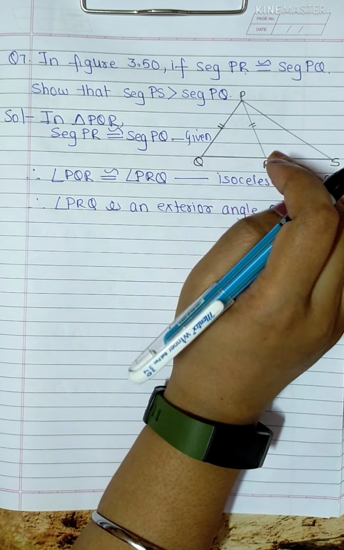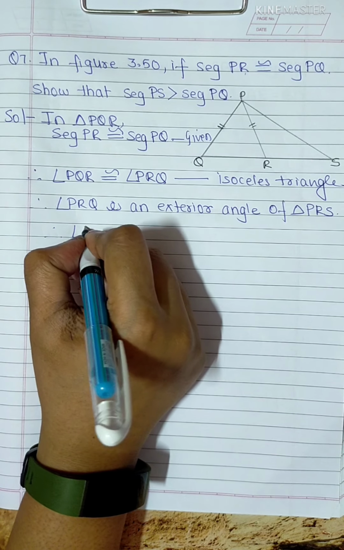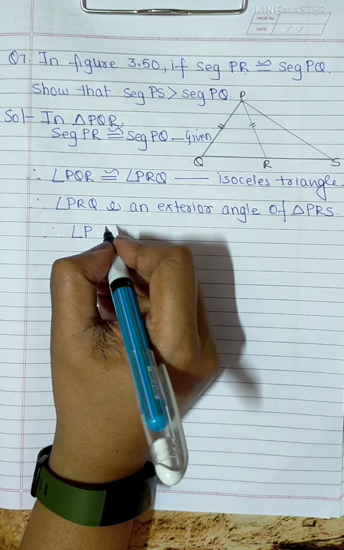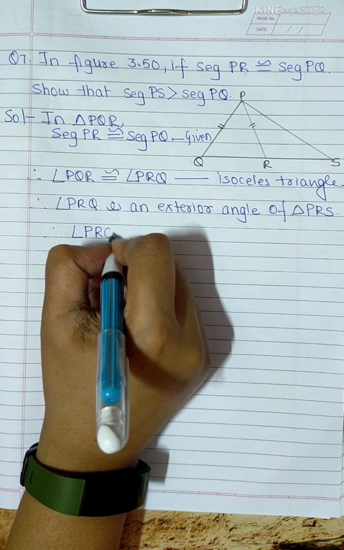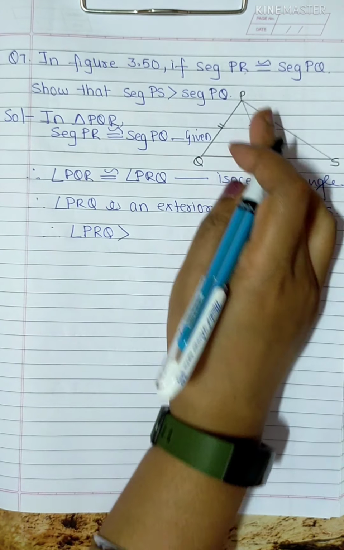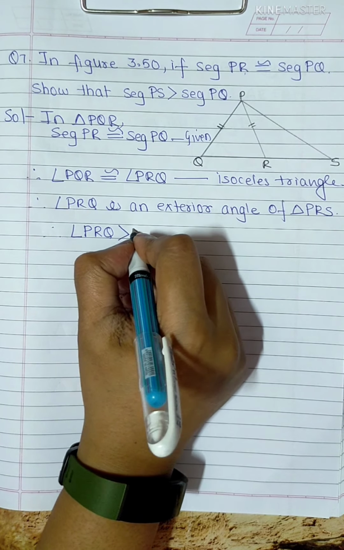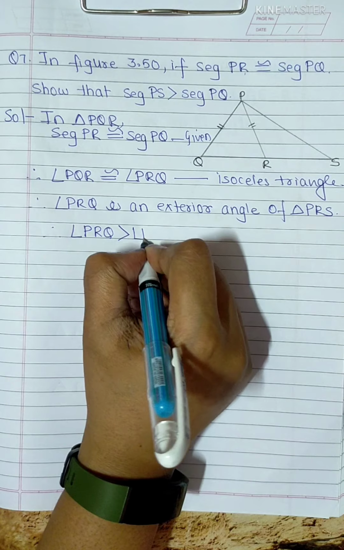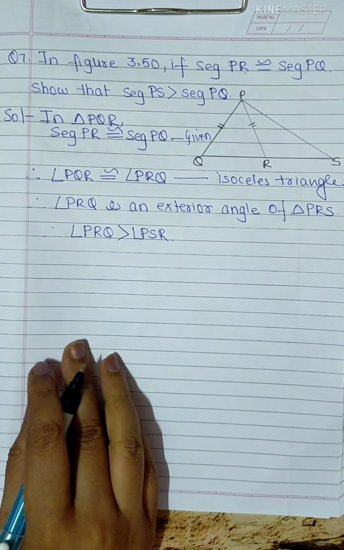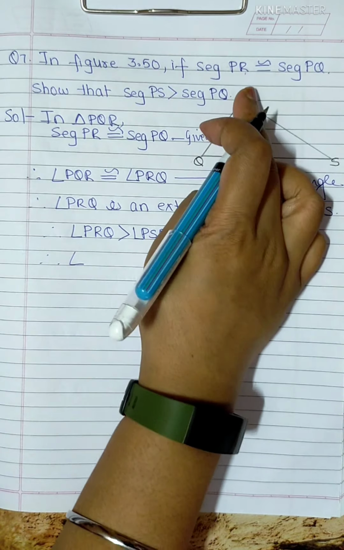It is the exterior angle of PRS. Now therefore angle PRQ is greater than angle PSR.